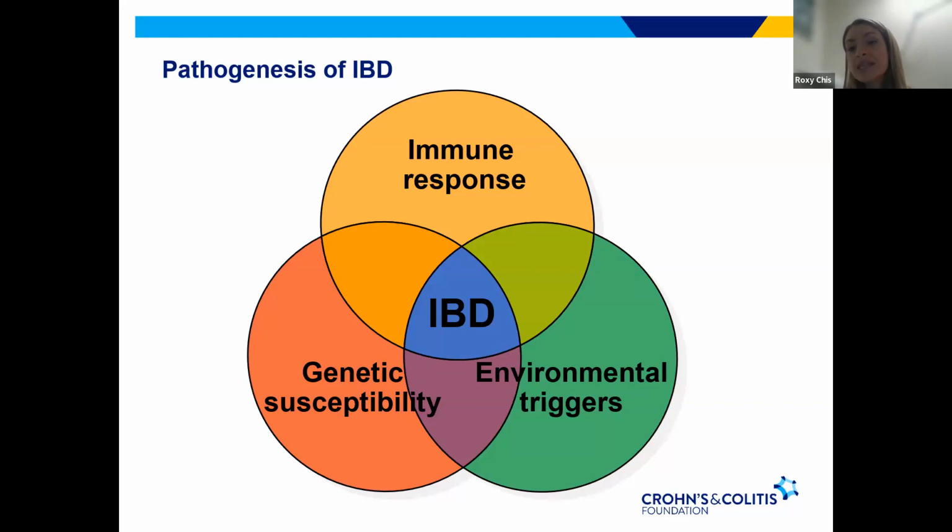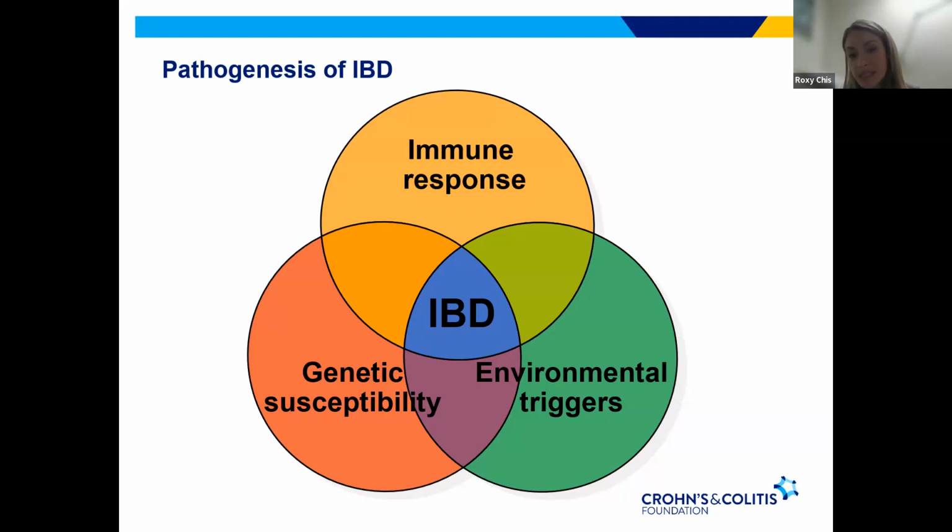We believe that in IBD, there is a dysregulation of the immune response to bacteria that live in the gut. Normally, all of us are colonized with helpful bacteria that live in the gut, and for the most part, our immune system just ignores that bacteria and allows it to do its job, which is to break down products of digestion.